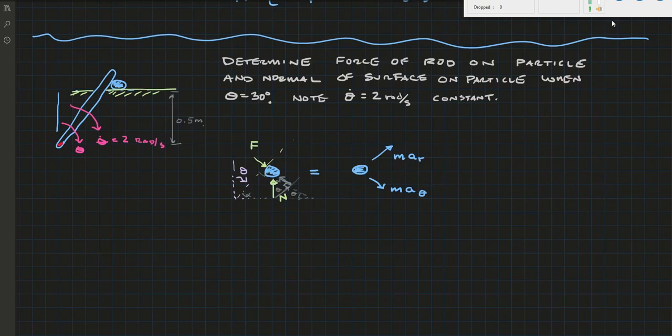So we don't have a relationship of r with time or theta with time here, and we don't even have a relationship of r and theta, so we really need to start there. So let's just look at this geometry.